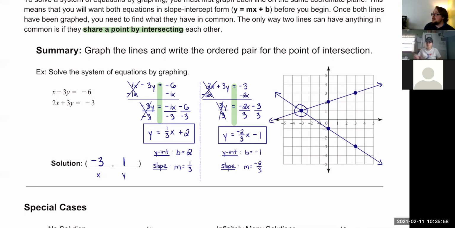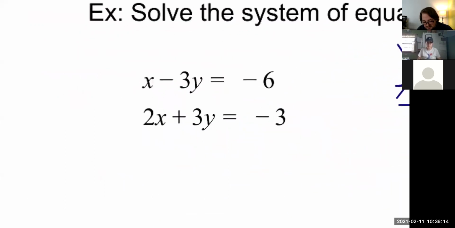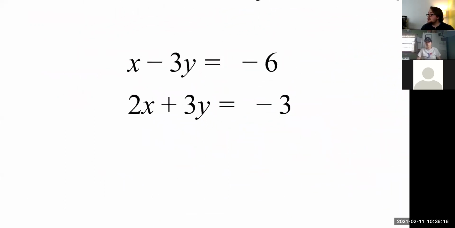No. That question technically doesn't apply here because a system of equations is not two separate problems. Yes, it has two lines involved, but it is seen as one individual problem. So the solution to this system, which is these two equations, is that -3, 1 that we found.